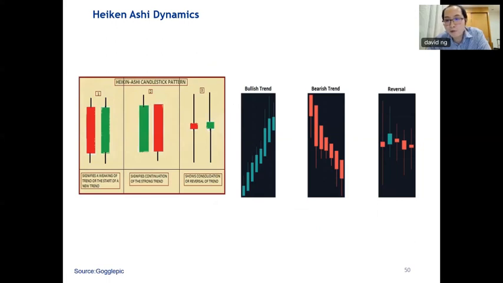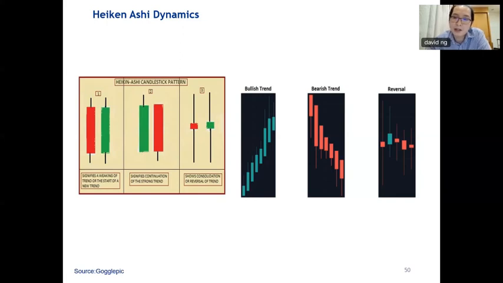Now, for myself, the style of trading is pretty much trend trading, and one of the good indicators that we can always use is what I call Heikin-Ashi candles. It's just a derivation of Japanese candlesticks. It's different from normal Japanese candlesticks in that it indicates the trend in an easier manner. There are only 3 simple steps we have to follow when you look at Heikin-Ashi.